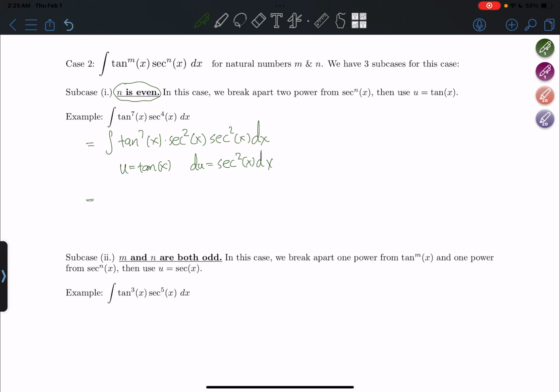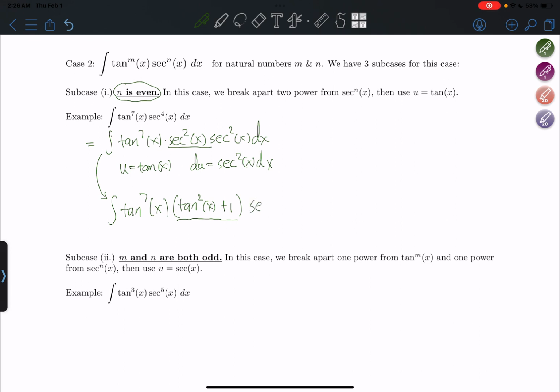From here to here, I'm going to rewrite this integral as tangent to the 7th x, and then the first secant, I'm going to rewrite using the Pythagorean identity, the other version of it, which is tangent squared x plus 1, because that's what I did here.